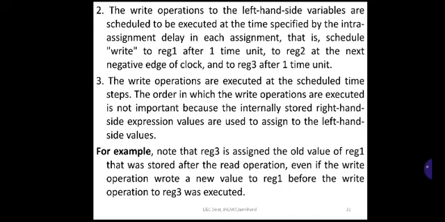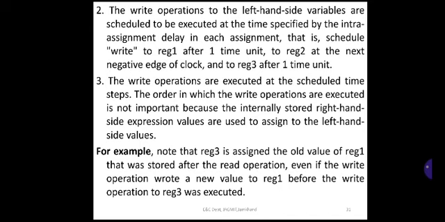These are scheduled to be executed at the specified time, that is the delay time in each assignment. That is the scheduled write to reg1. So reg1 will be written after 1 time unit, reg2 after the negative edge of the clock pulse and reg3 after 1 time unit. So the write operations are executed at the scheduled time steps. The third point.